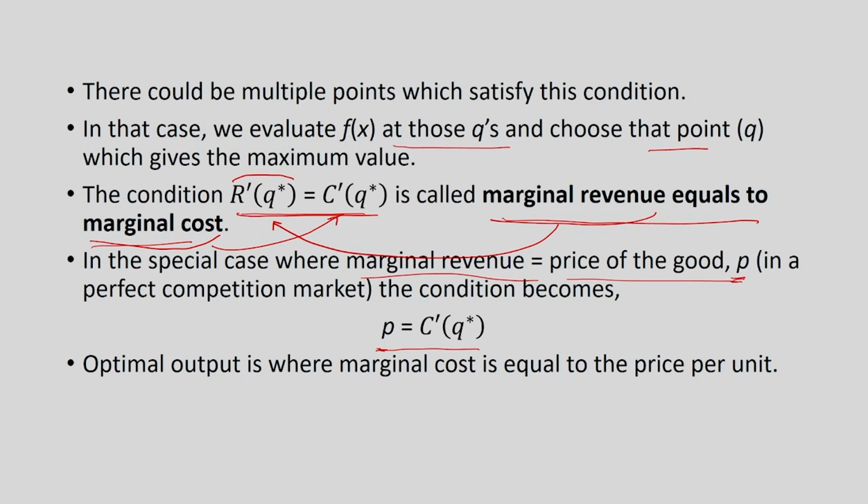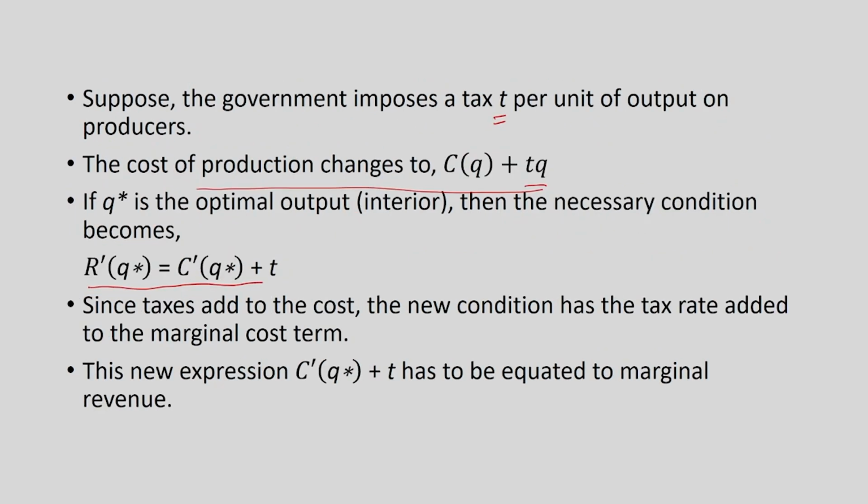Marginal revenue is equal to marginal cost at the maximum point. Here, R dash Q star is equal to C dash Q star plus small t. So, this is the additional component that has been added to the right hand side, to the marginal cost part.